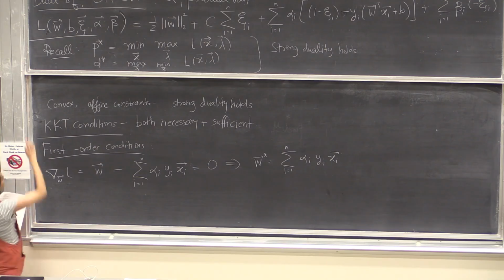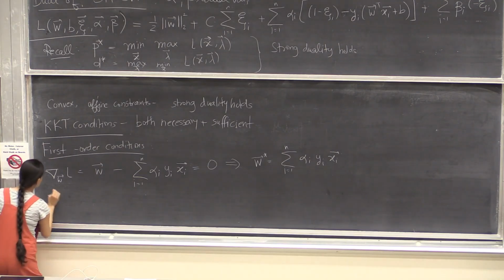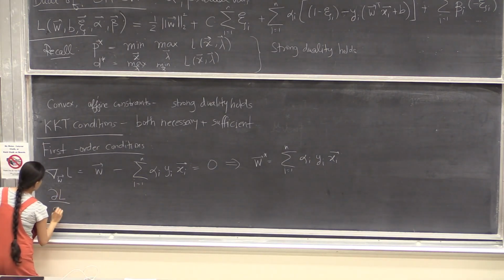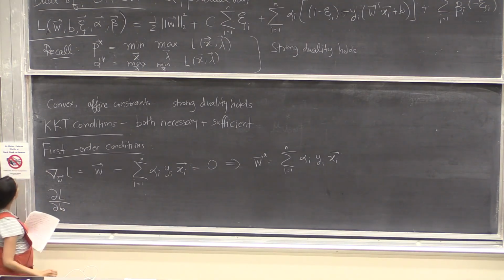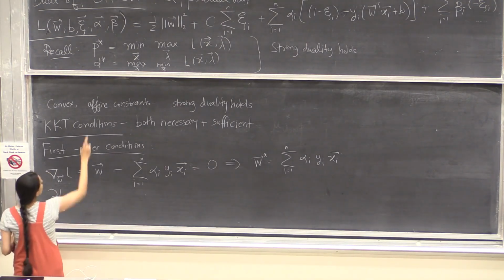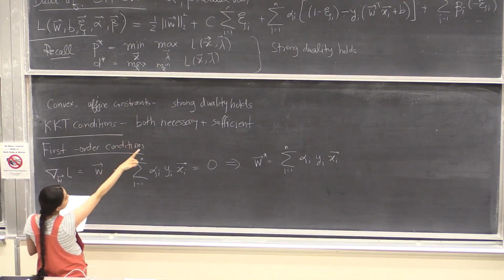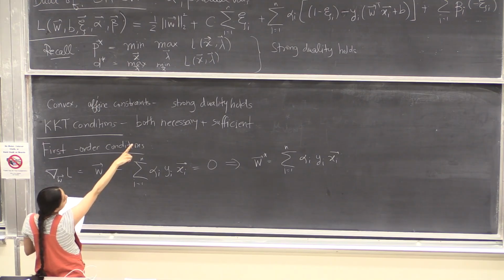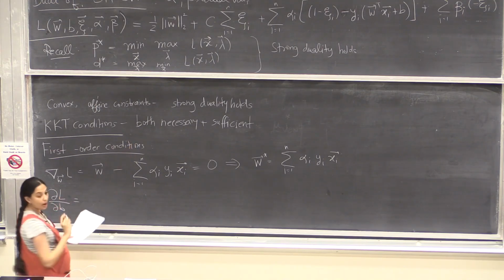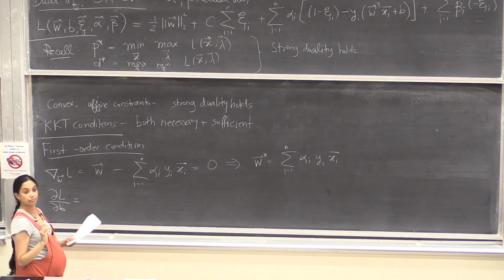The next variable is b. b is just a scalar, so I'm just going to look at the partial derivative. Nothing in the first term, nothing in the second term. In my third term, what am I going to get? I have an alpha_i that multiplies b, and I have a y_i that multiplies b, right?